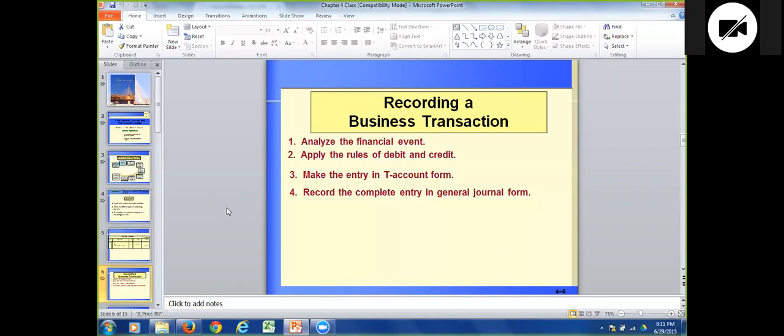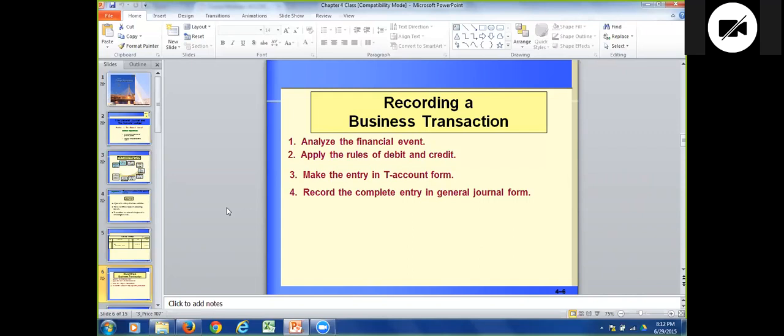That's what I said last week is why you want to know all those accounts, those normal debit and credit balances. That's why it's so important to remember those, like assets, expenses, and draw accounts have a normal debit balance. Revenue, liabilities, and owner's capital have a normal credit balance. And then you make the entry in T account form, which we learned last week.